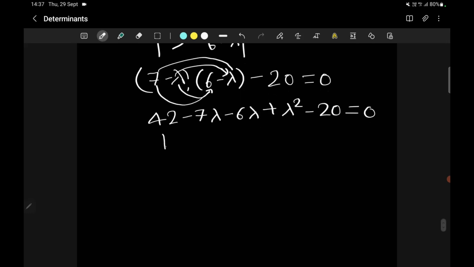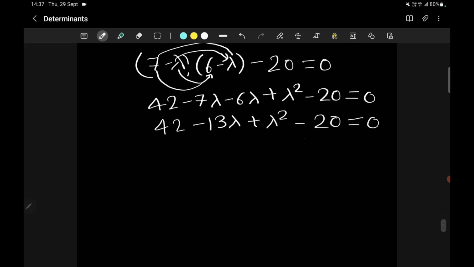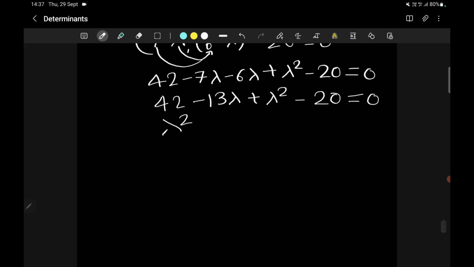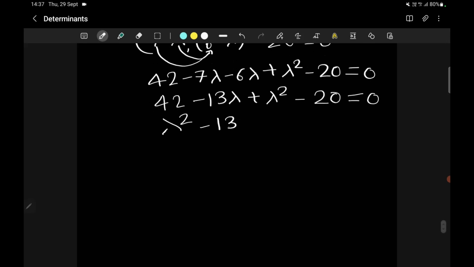Now let's simplify this. 42 will be as it is. Minus 7 lambda and minus 6 lambda is minus 13 lambda, plus lambda square minus 20 is equals to 0. Now let's simplify this further. We'll take this lambda square, the first term, then minus 13 lambda.